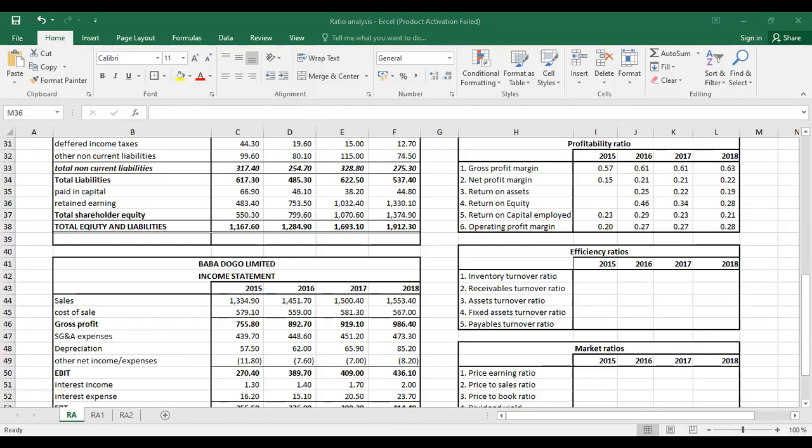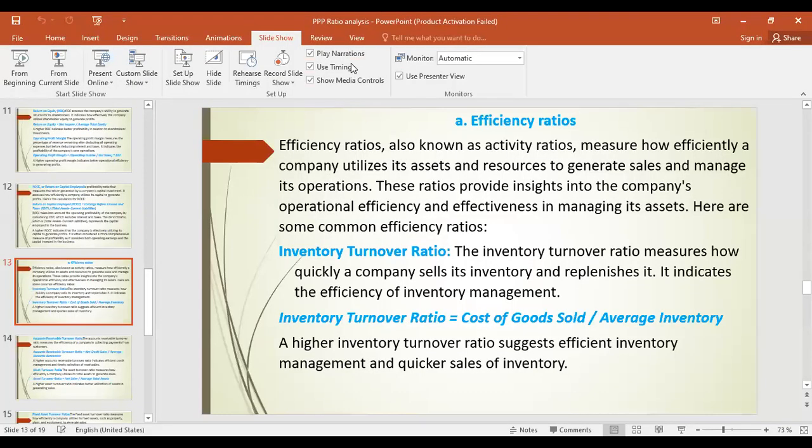Let me just open the file. It is the cost of goods sold. Because of the average, for inventories you take the average. Inventory turnover ratio is cost of goods sold divided by average inventory.